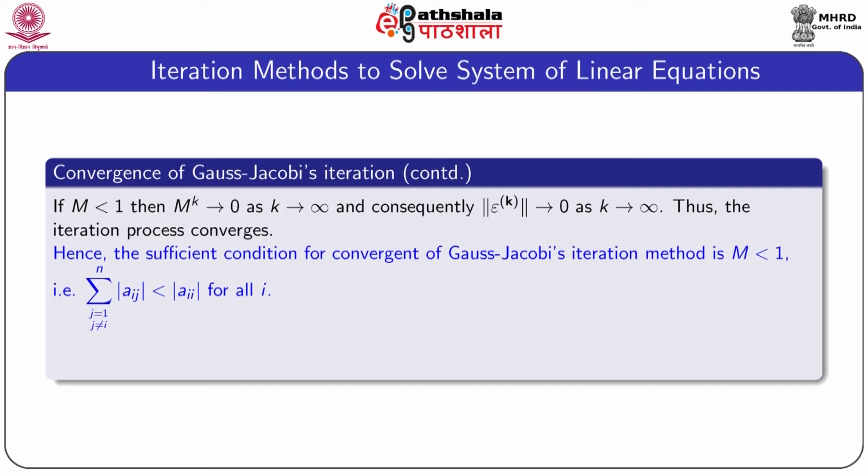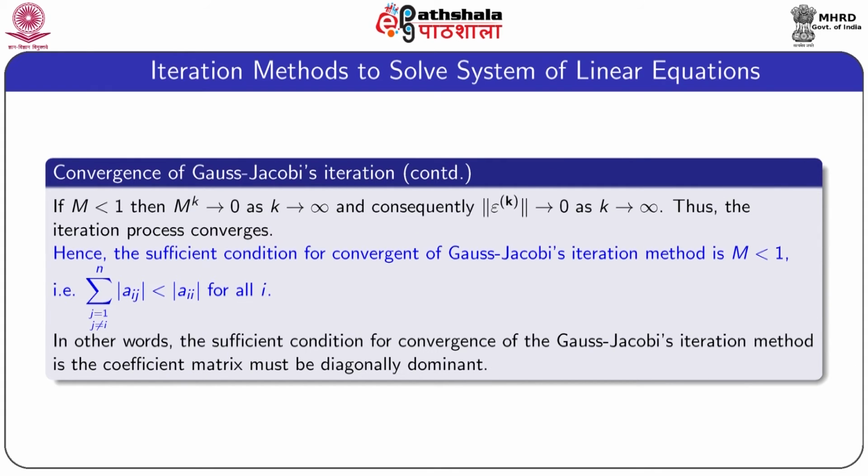Hence, the sufficient condition for convergence of Gauss-Jacobi's iteration method is M less than 1, or summation j equal to 1 to n, j not equal to i, absolute value of a_ij strictly less than absolute value of a_ii for all i. So this is the sufficient condition for convergence of the method. In other words, the coefficient matrix must be diagonally dominant.